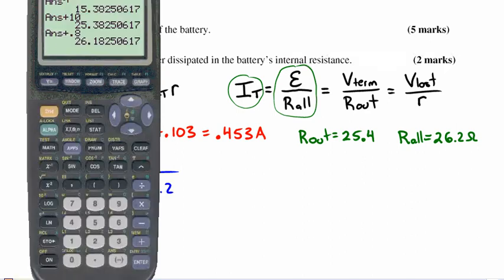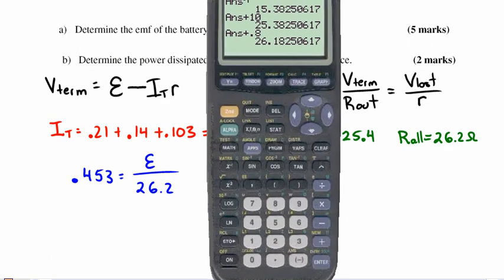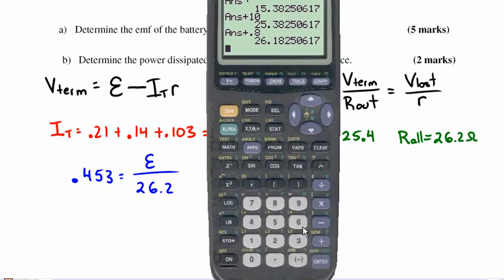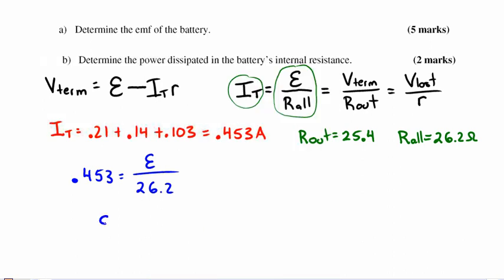Okay, well that's going to work pretty quick. I can actually just multiply that 26.2 by 0.453. And there we go. It looks like the EMF of the battery is 11.9. Okay, so I know how strong that battery is now.